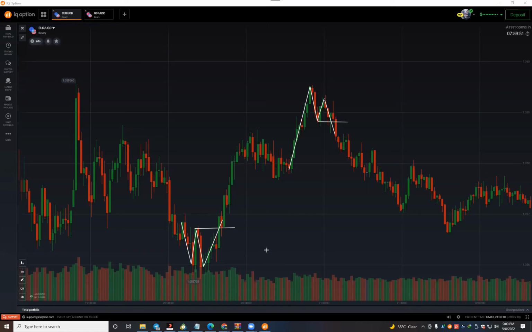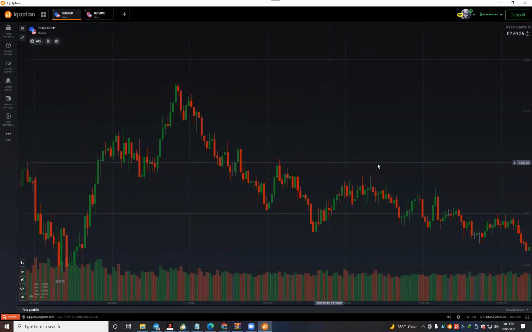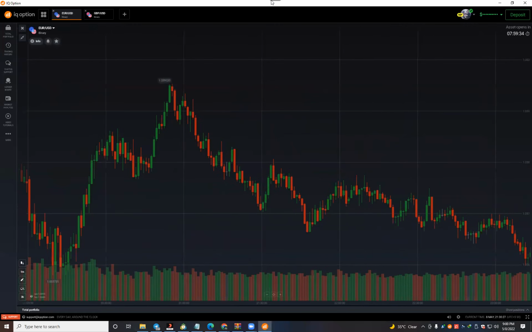Like this way, you can identify the double top and double bottom. It's flat, and this is pointing downward. Okay. Some more examples, and then if the four candles create a double top or double bottom, only just 4 candles. Now there are so many candles. Okay.